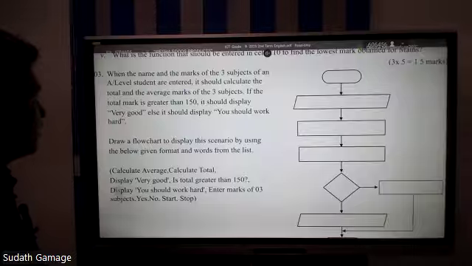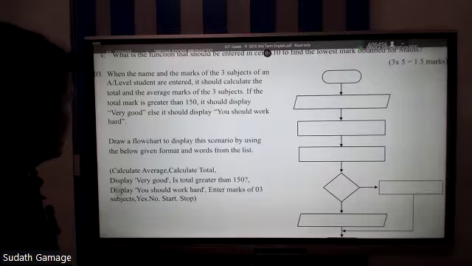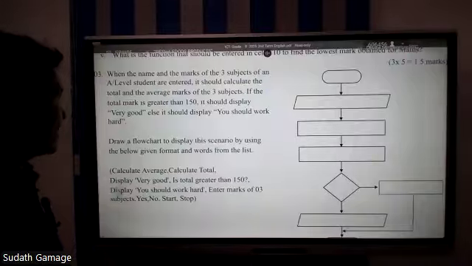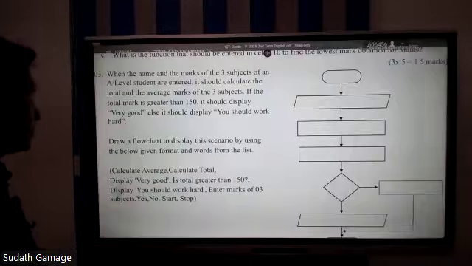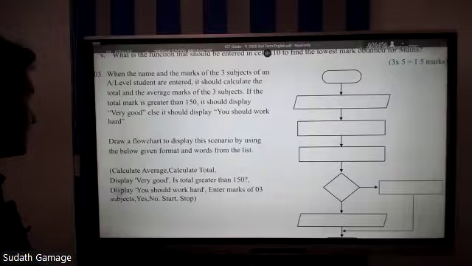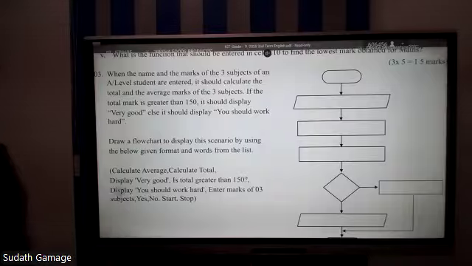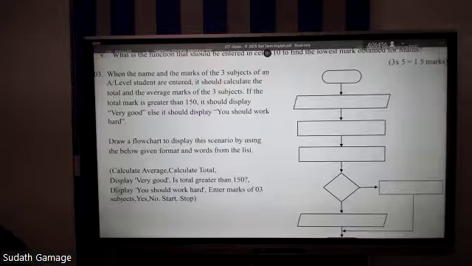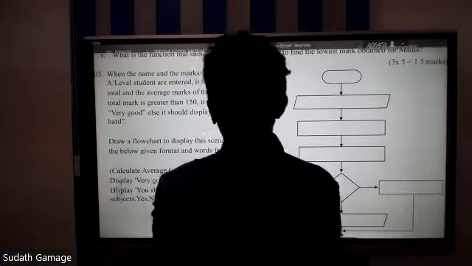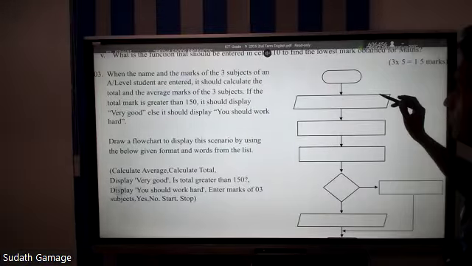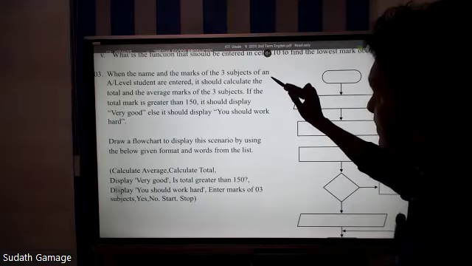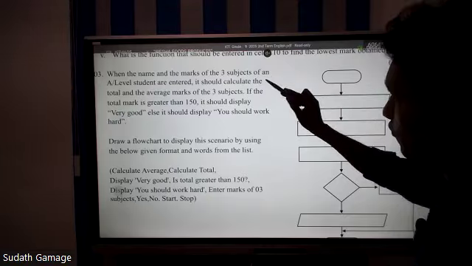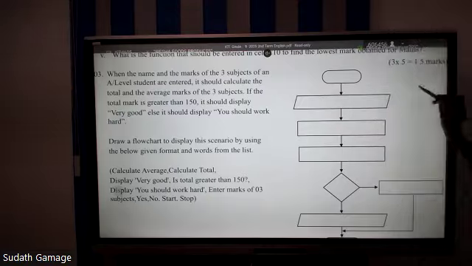Else it should display you should work hard. Draw a flowchart to display this scenario by using the given format and words from the list. What is the question? When the name and marks of three subjects of an A-level student are entered.